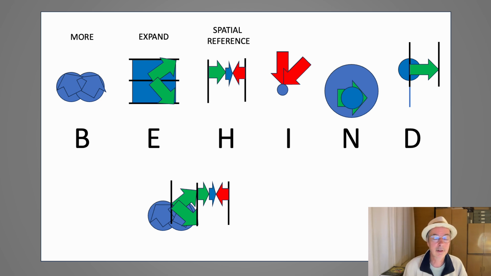Behind seems to be also a bit more difficult. I have the B, which is basically a form that's getting more. The A is an expansion. The H is a spatial reference. I is this insertion, of course, and the application, and then the D is going towards somewhere else. But I'll first go with BEH, the starting point.